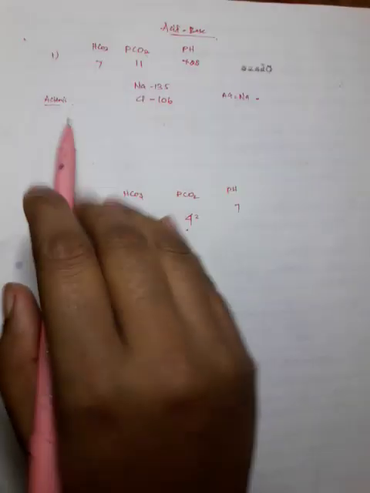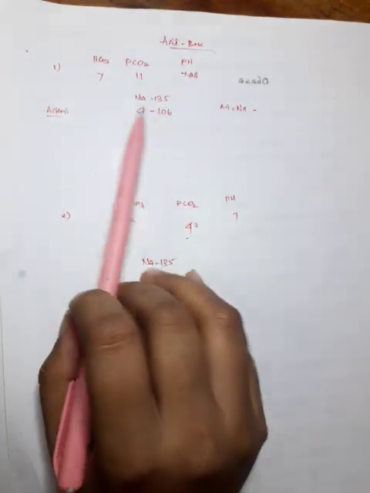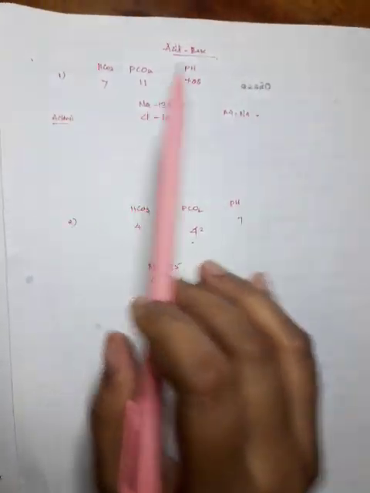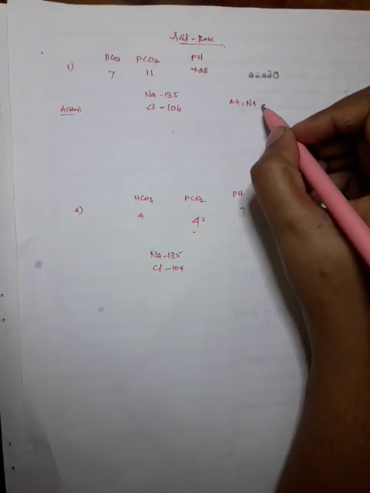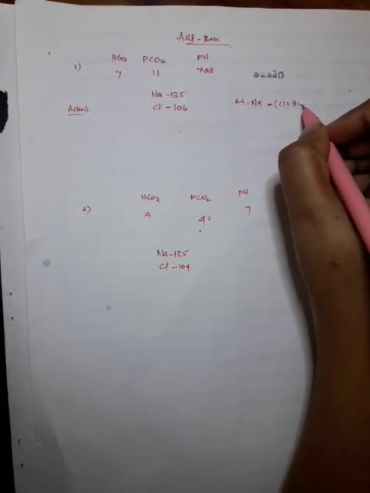See here, bicarbonate, PCO2, pH, sodium, and chlorine are given. From here we have to find the anion gap. Anion gap is equal to sodium minus chlorine plus bicarbonate.